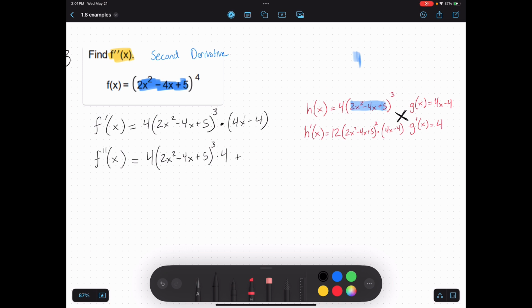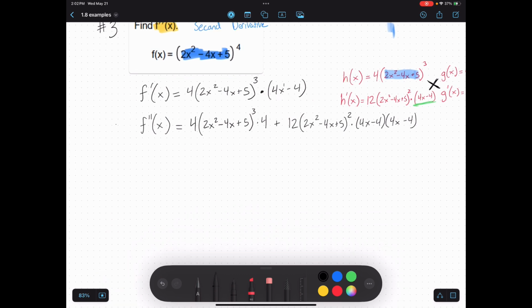Plus, and then h prime times g, I get 12 times 2x squared minus 4x plus 5 raised to the 2nd power times 4x minus 4 times 4x minus 4. Why do I have 2 of them? One of them comes from the derivative of h, and the other one comes from g. So that's why they end up with 2 of those.